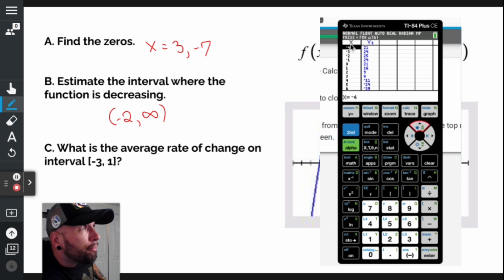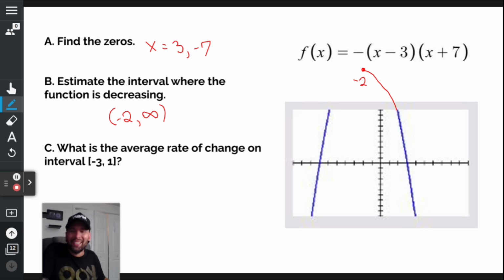But if I scroll up a little bit, I know that when x is -3, f of -3 is going to be 24. I also care about what's going on at f of 1. So at f of 1, I have 16. So f of -3 is 24. f of 1 is 16. I should be able to do my calculations now.